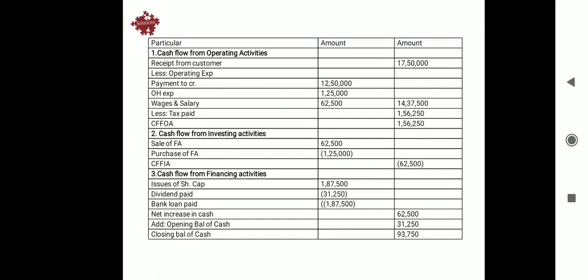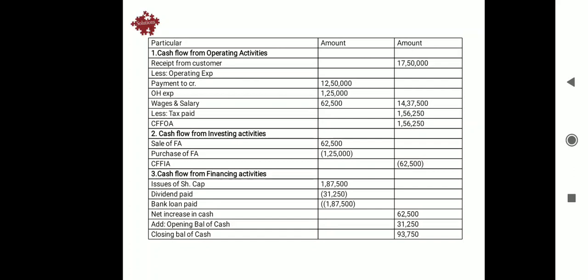Now we have to move to the second one, that is cash flow from investing activities. Investing activities cover your fixed asset transactions or your investment transactions. We had only two items in this question. One was the sale of fixed assets, which is a source, so I have written 62,500 as positive.